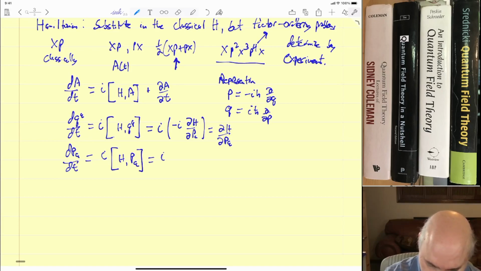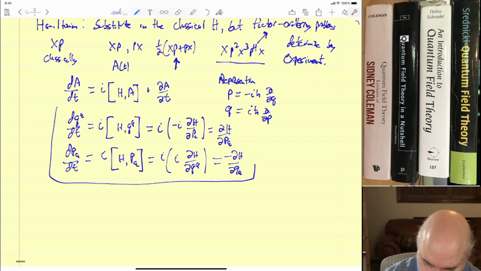Now this is going to be i times the partial of H with respect to q_a, which is equal to minus the partial of H with respect to q_a.